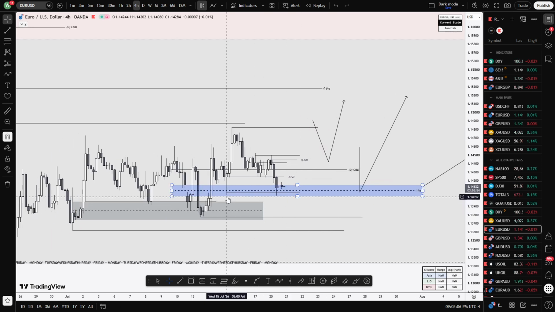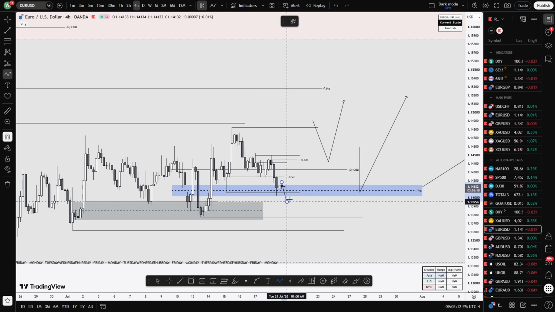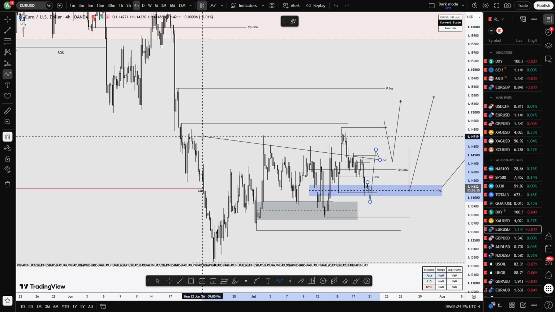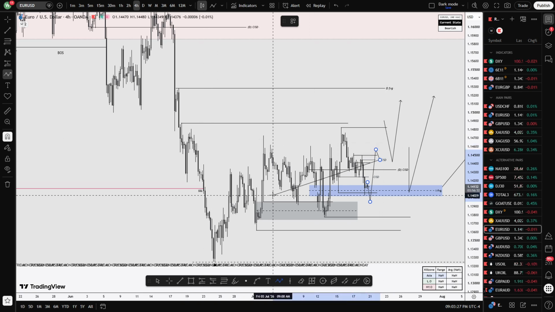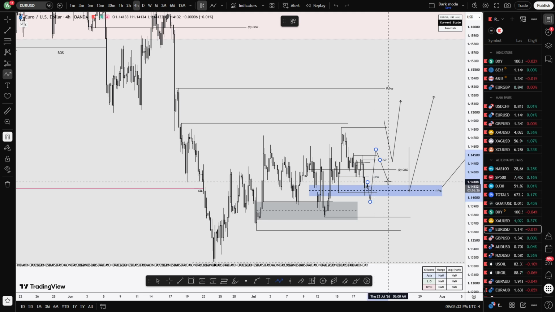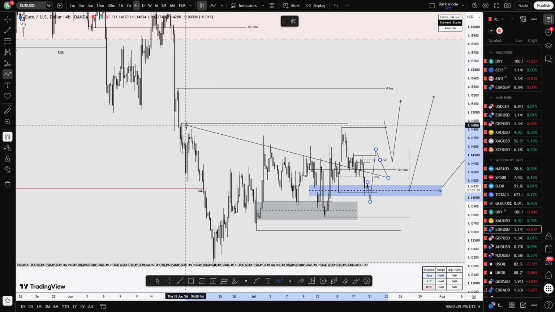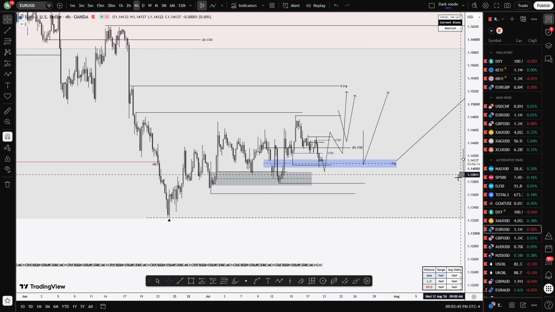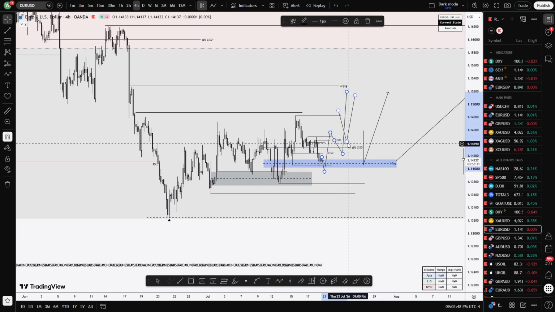So now, if we see price trade back above this high, since we've taken this low, by all means, you could get involved on the pullback to then see price going higher to take this high and even this high as well, right? So that's it. You just have to wait and be patient, right?